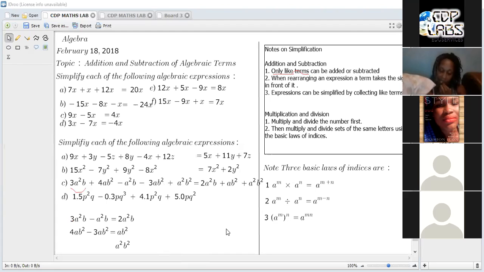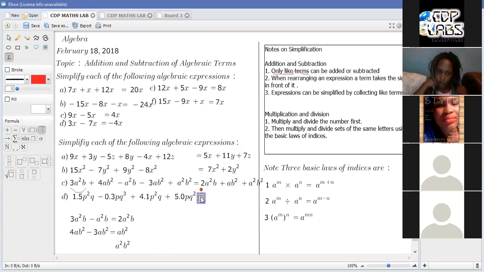Okay, Chevelle, I like that. You have raised your hands. Go ahead, ma'am. 5.6 p cubed. All right, hold on. Let me write the equal sign. 5.6 what? p squared q. Is that p squared or p squared cubed? p squared q. Oh, q, sorry.